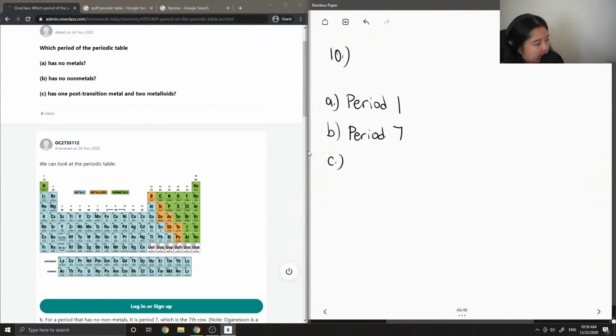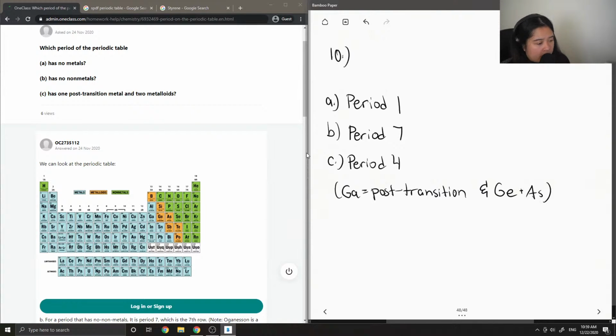So the metalloids are in orange, and gallium is a post-transition metal. So I'm going to say period 4. And the 2 metalloids, germanium and arsenic.